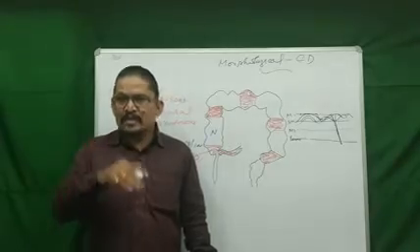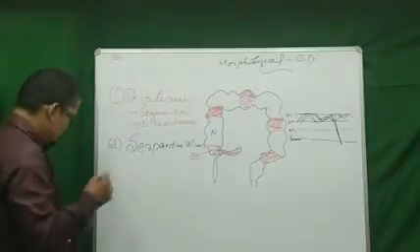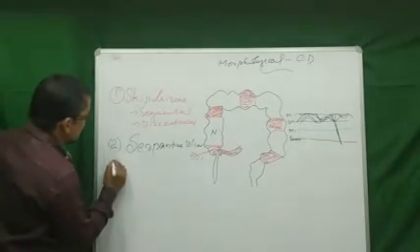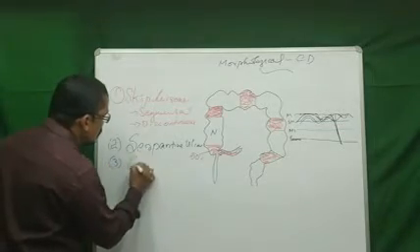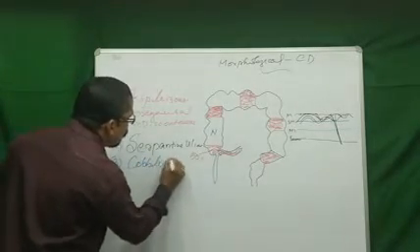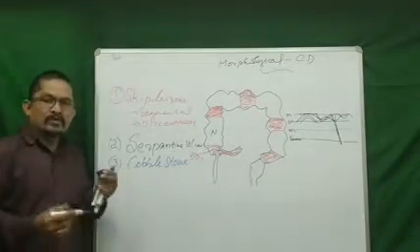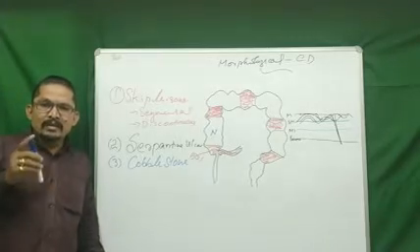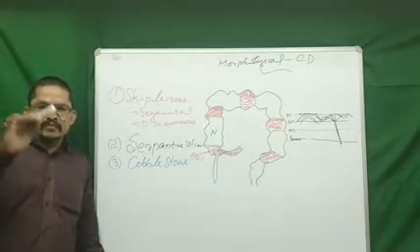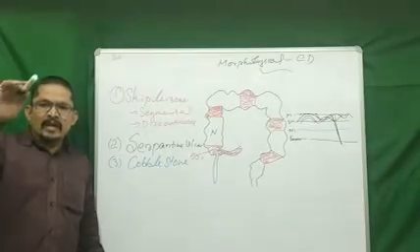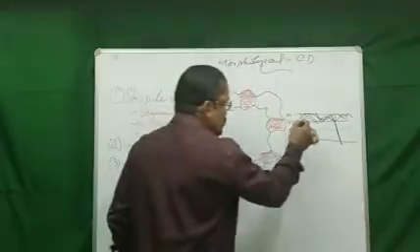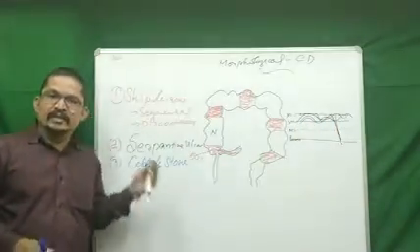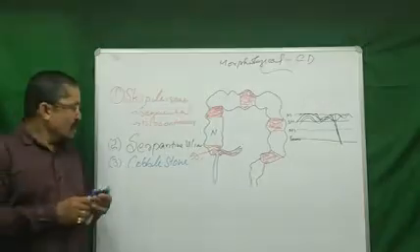Such a condition is known as number 3, the cobblestone appearance of the colon. It is due to the mucosal thickening. The affected areas are depressed and the normal areas are raised. So alternate hump and dump can be seen, and such a condition is known as cobblestone appearance.